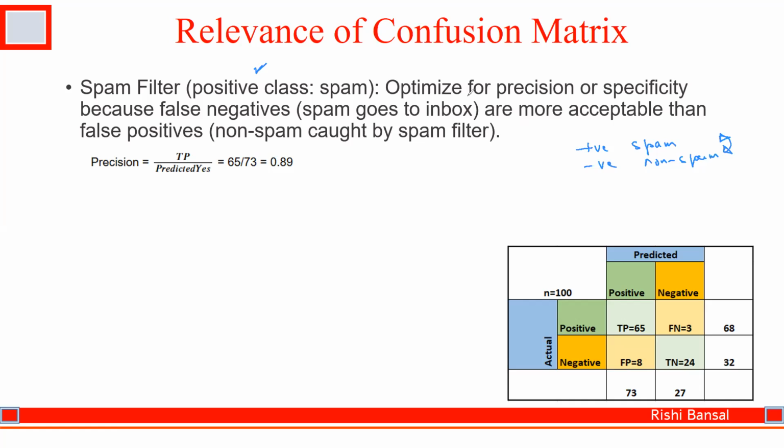But if you get some very important mail, some income tax notice or some bank mail, but it is wrongly characterized as spam and it went to the spam folder. Now you tell me which one is more dangerous? Second case, correct?